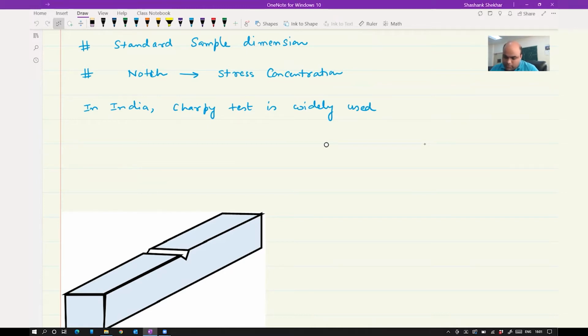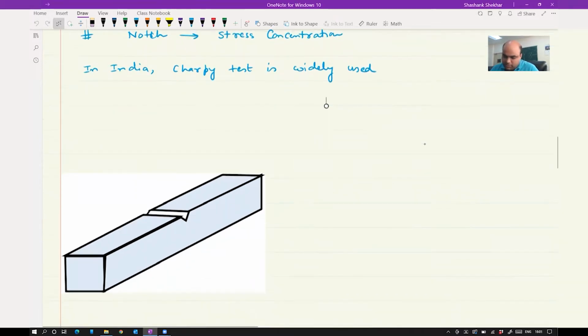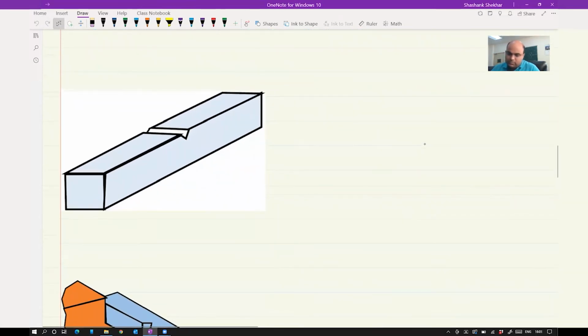Okay, so let's see the sample dimension now. So this is the sample, how it looks. Okay. So it's a square shaped sample. You can see the cross section is square shaped. Okay, and this dimension is 10 millimeter. This dimension is also 10 millimeter, and this distance from the notch is 8 millimeter.